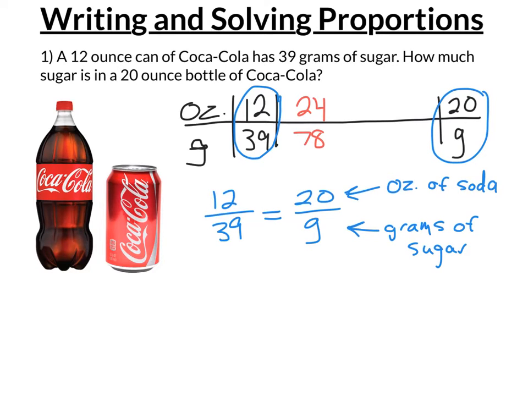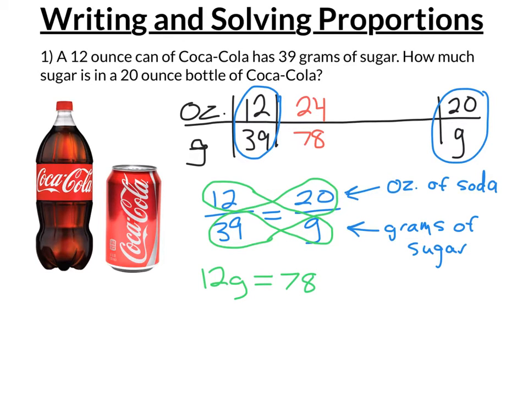Now, we can solve this proportion by finding what we call the cross product. So one way we can do that is we do 12, the numerator on this side of the proportion, times G, which is the denominator, and we get 12G. And on the other side, we have 20 times 39. 12G equals 780.